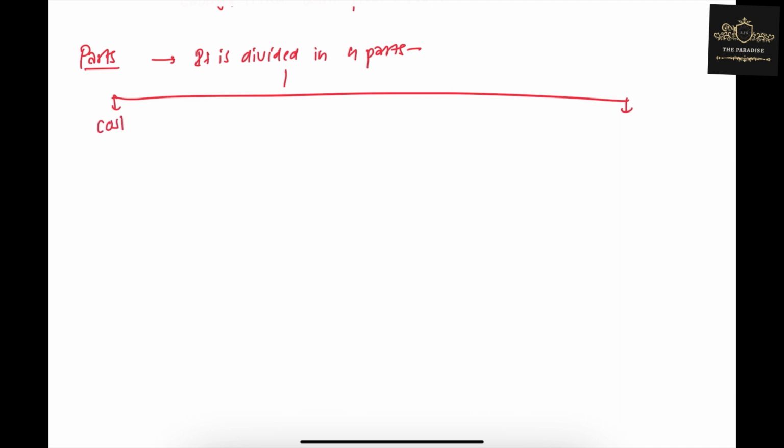First is costal pleura. Second is diaphragmatic. Third is mediastinal. And lastly, cervical.